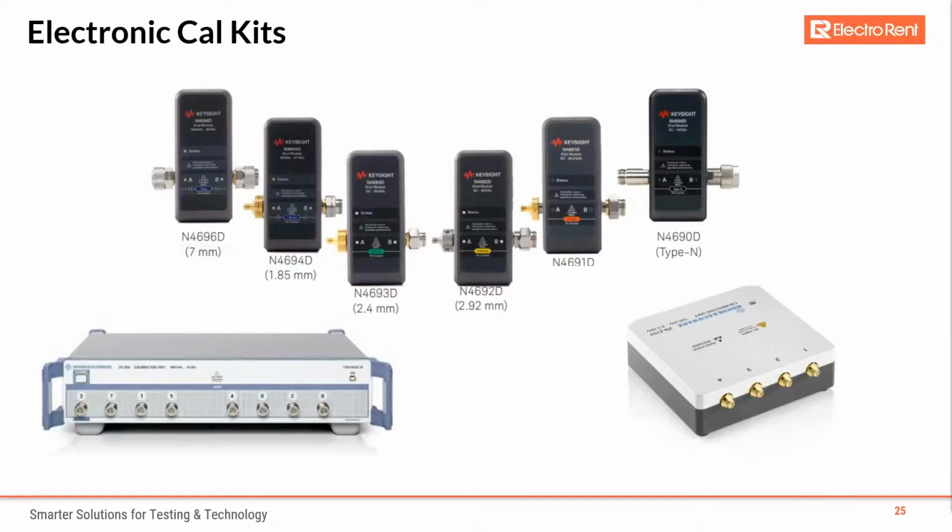Each VNA has its own software to communicate via USB interface with that calibration module. Examples here are Keysight's N469X series eCal modules, and Rohde & Schwarz multiport eCal modules are available as well. As you plug one of these into the VNA, the firmware that is pre-installed in the cal kit itself will communicate with the VNA and provide the proper cal standards.